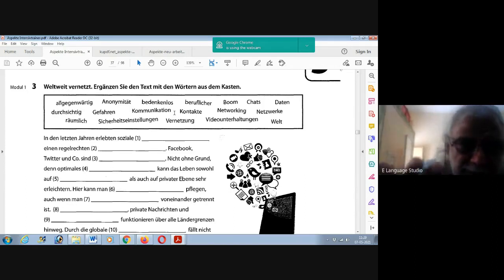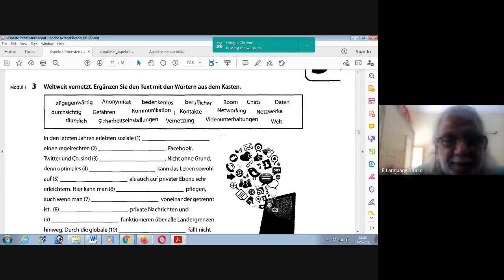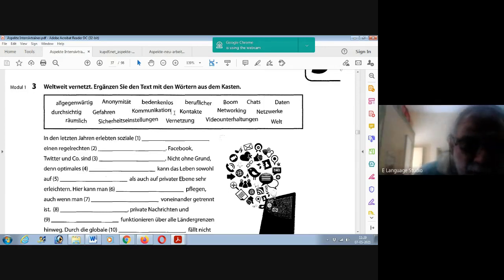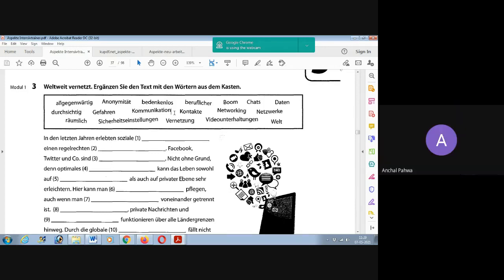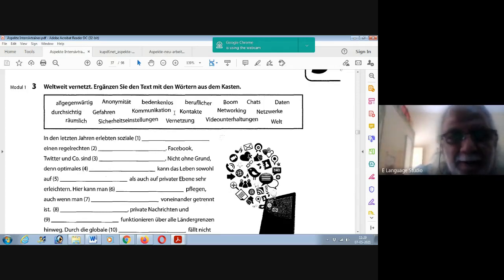So bedenkenlos als Adverb bedeutet without hesitation, ohne zu bedenken. If you say bedenkenlos as adjective, it means absolutely carefree, without a care in the world. It's like the people in India right now, total carefree attitude to Corona.